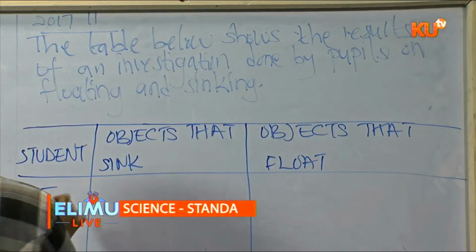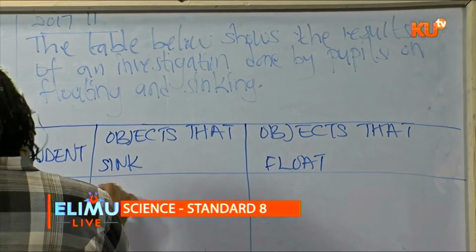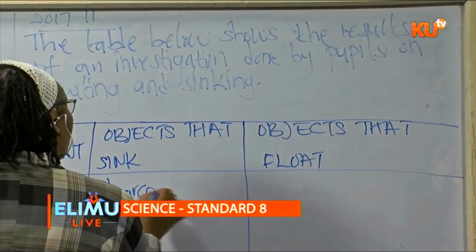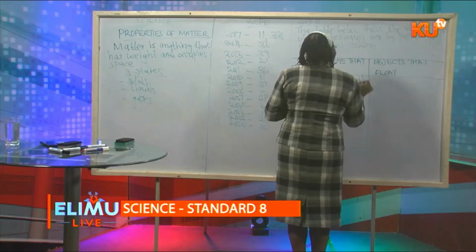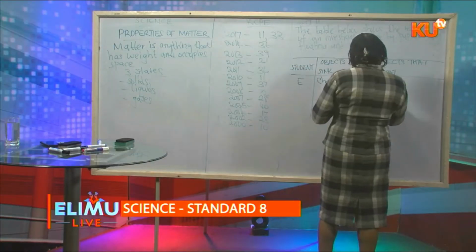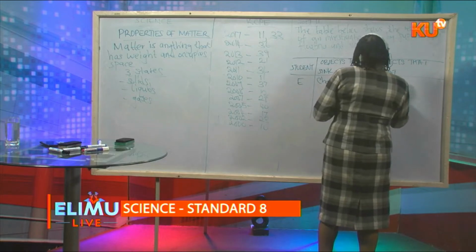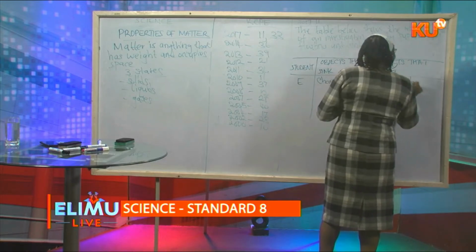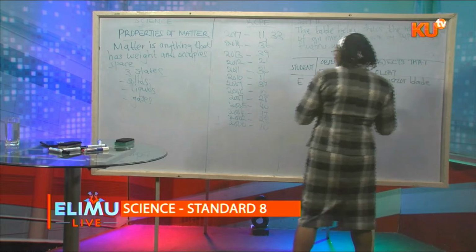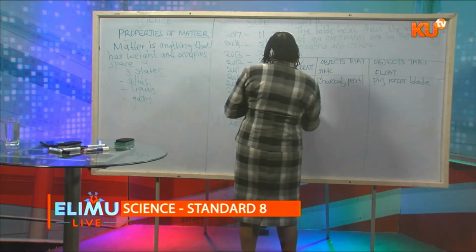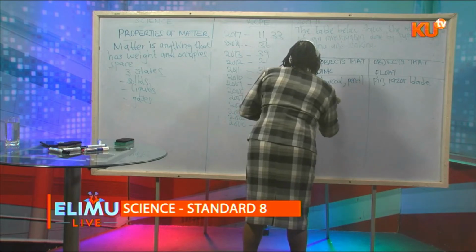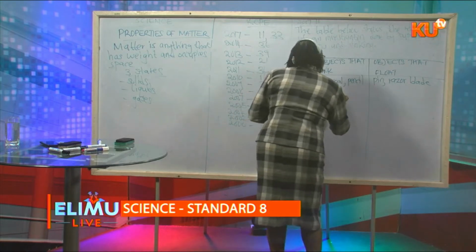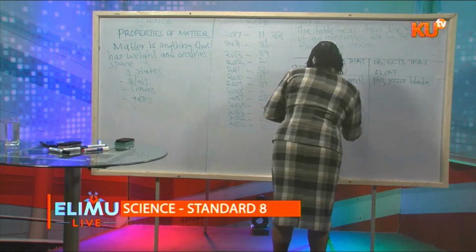We have the choices: charcoal and pencil, and we have a pin and a razor blade. Then we have F, recorded a bottle top and a stone.